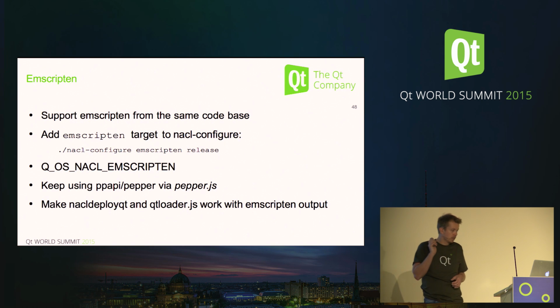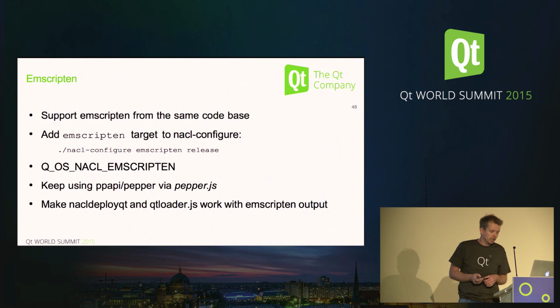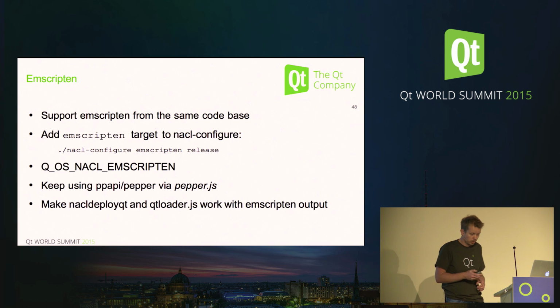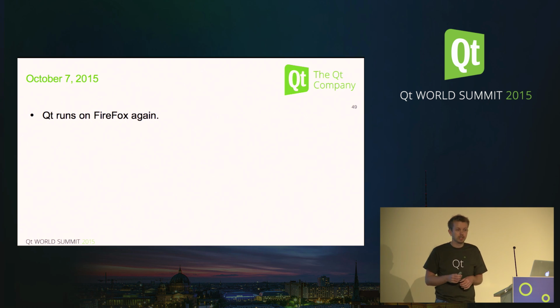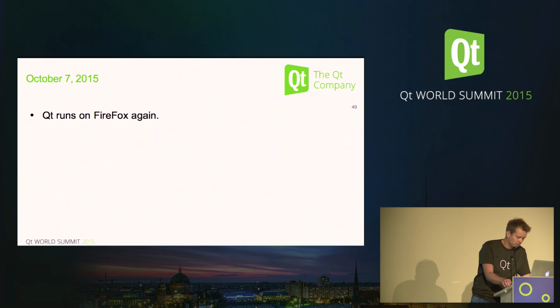And then we make native client deploy Qt and Qt loader work with Emscripten output. So if all goes according to plan, then we are now at October 7, and Qt runs on Firefox again. Hopefully, let's see.